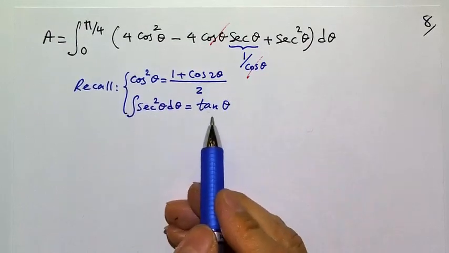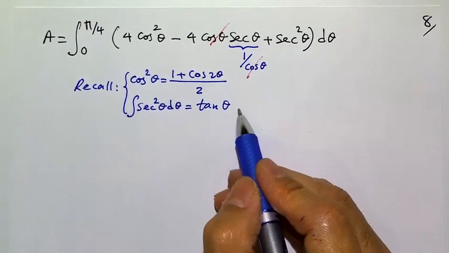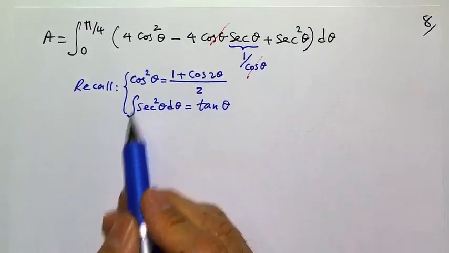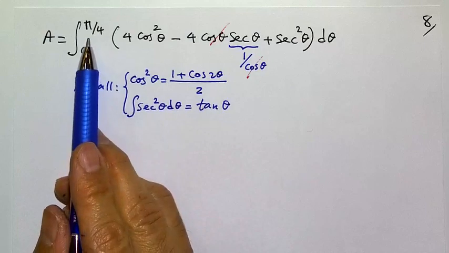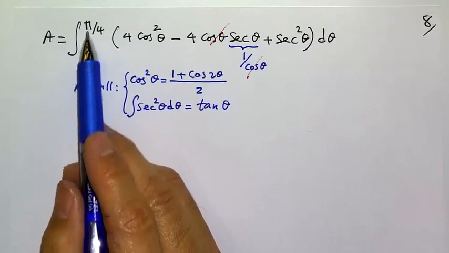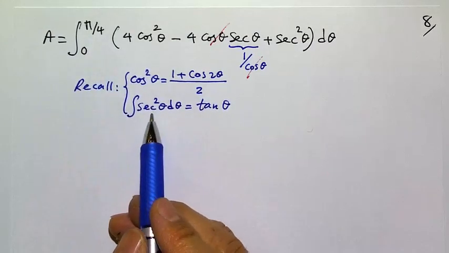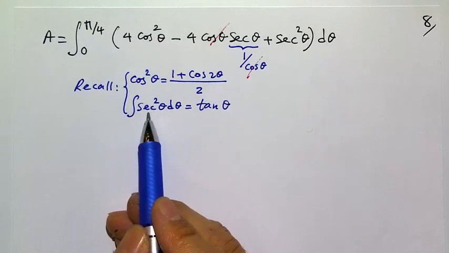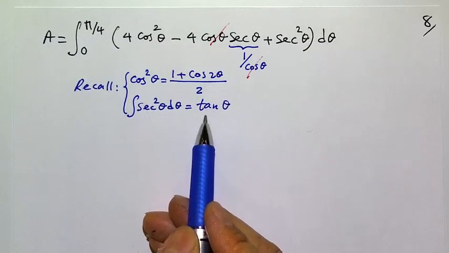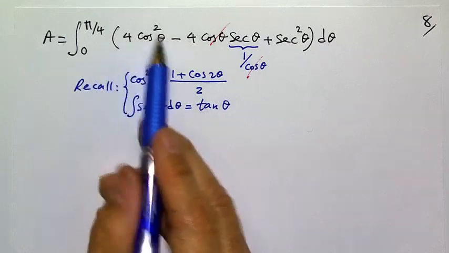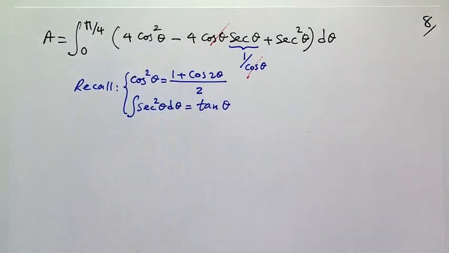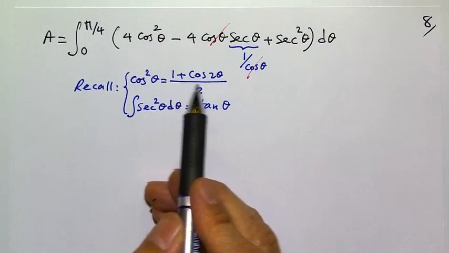And I'm not adding the plus c here, even though this is an indefinite integral, because pretty soon we're going to have the limits of integration involved. So let's substitute for this piece only, which is the one that we have to simplify a little bit.